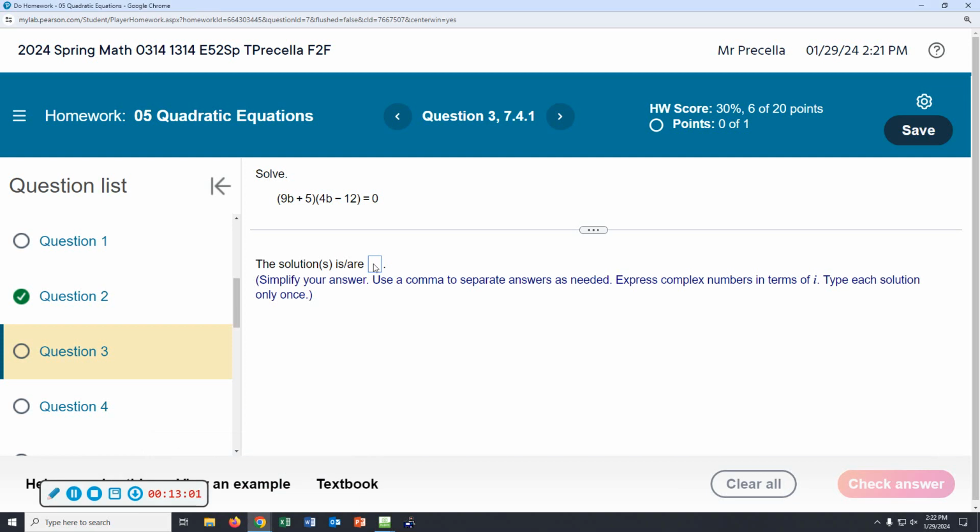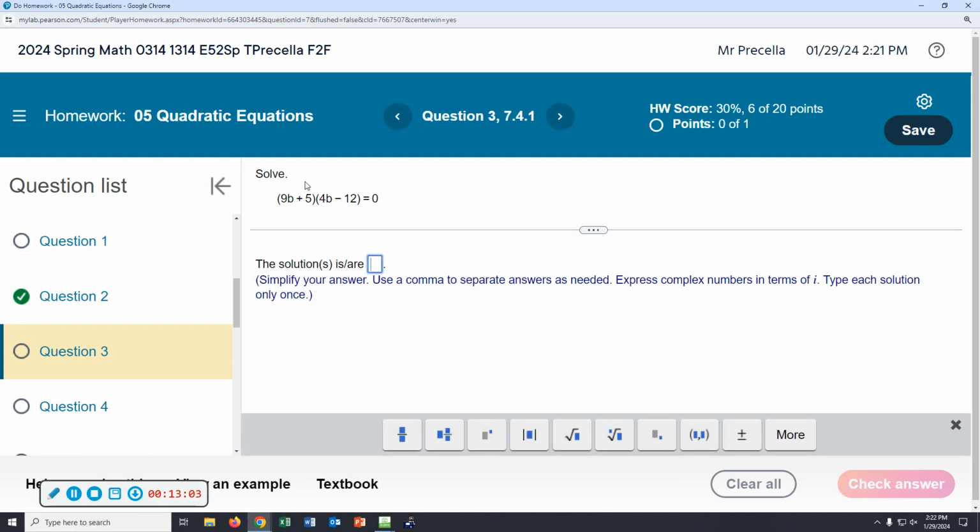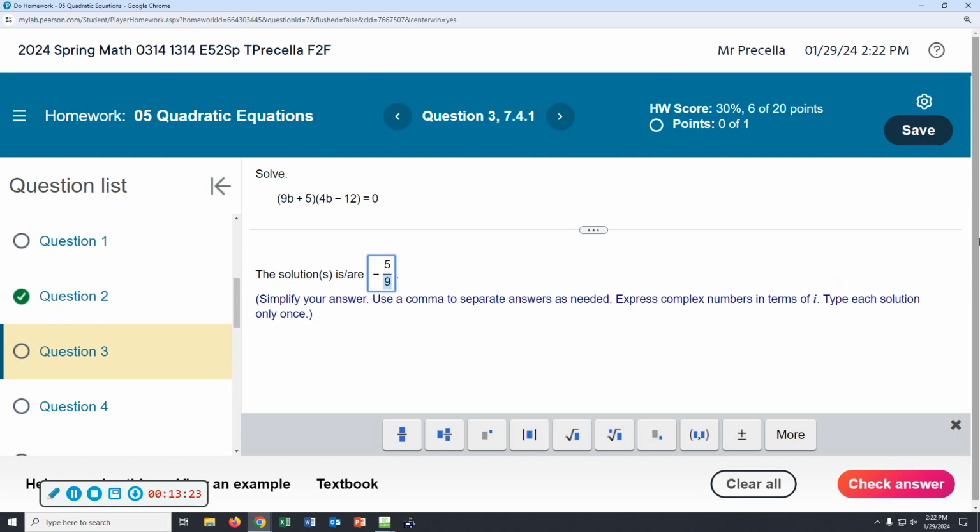To type this in, notice it says solve. Your answers, well, certainly y'all would have put 2 sets of parentheses as the answer on this one, when it's already got the 2 sets of parentheses. So the easier way to do this, I think, or the better way, is to type in the 3 first. But I'm going to go ahead and type negative 5 over 9 in.